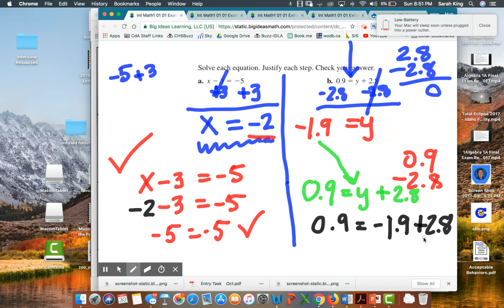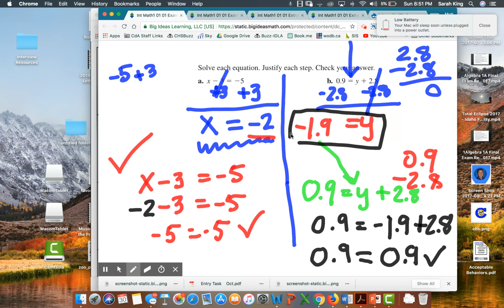I do the arithmetic on this, and sure enough, it does check out, and I did it correctly. Now you're like, yeah, that was actually an easier equation. But as they get more complicated, it's wise to do this check, especially if I ask you to check your answer. Take the answer you got, plug it back into the original where the y value is, and double check that the arithmetic all works out. 0.9 does equal 0.9. Yes, and we check, and it does work. So our final answer here is y equals negative 1.9.